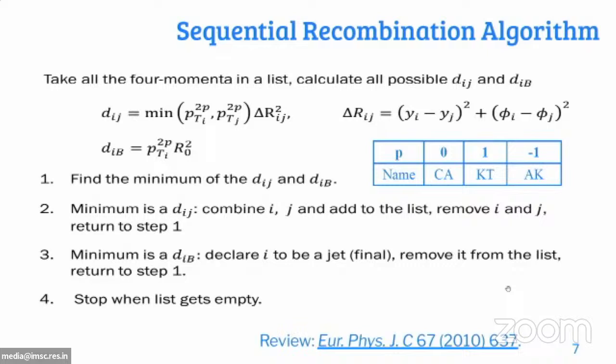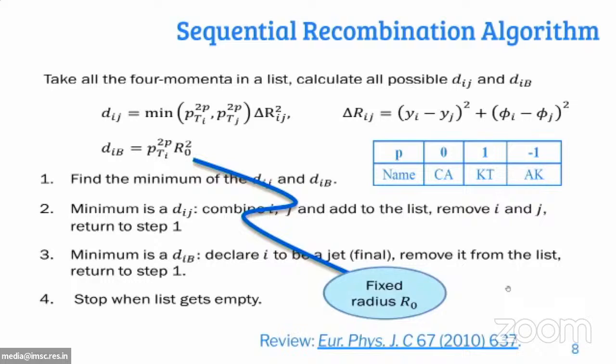Importantly, apart from an integer parameter p, there is an R0 parameter, which typically sets the radius of the jet. This method we call the fixed radius algorithm, where the typical size of the jet is fixed by the radius R0.